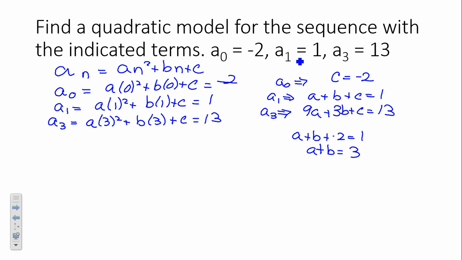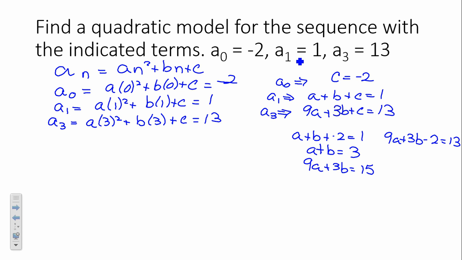And we had 9a plus 3b minus 2 equals 13. Adding 2 to both sides, 9a plus 3b will be equal to 15.